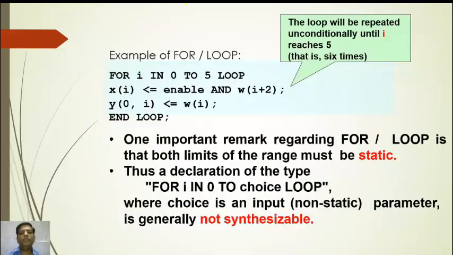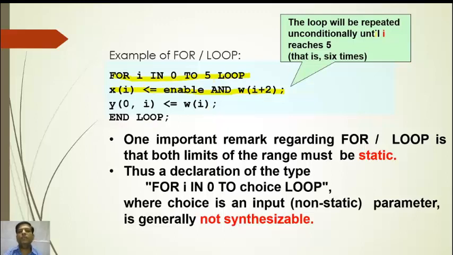Example of a for loop. Here we have considered one example directly with the for loop condition. For I in 0 to 5 loop, x of I is equal to enable and w of I plus 2, y of 0 comma I is equal to w of I. Then end loop.